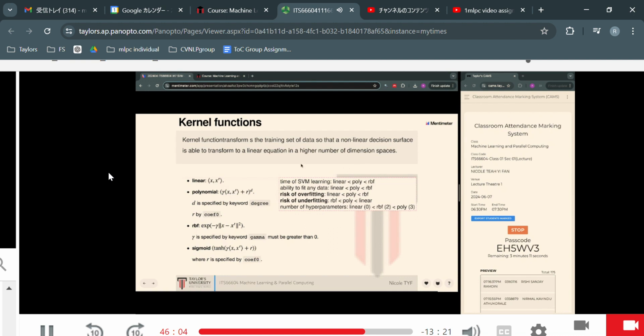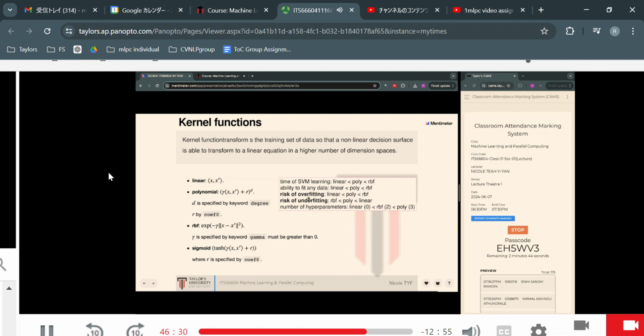And the ability to fit to any data is also increasing in this manner, where the lowest ability will be the linear one, because it's the simplest, followed by polynomial and then radial basis function. In terms of reducing the risk of overfitting, we can also see that they rank in the same manner.